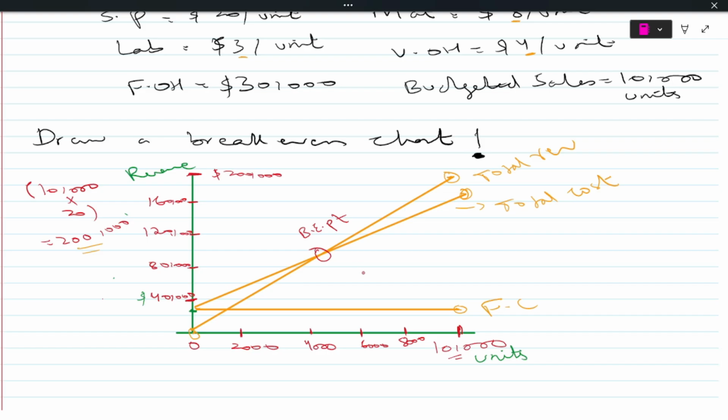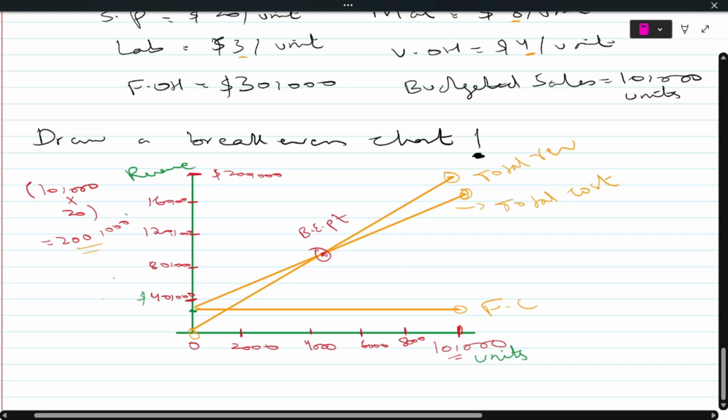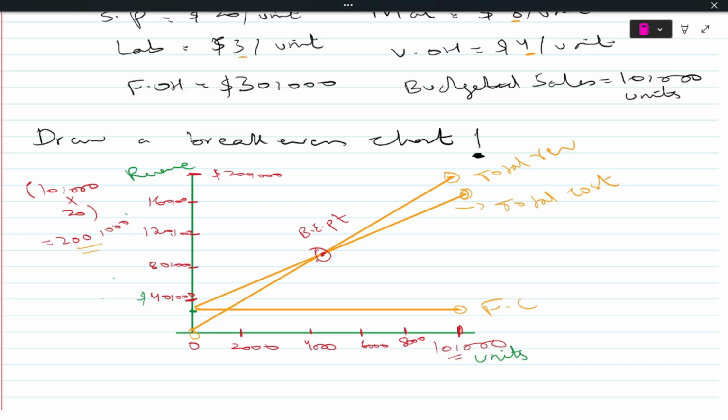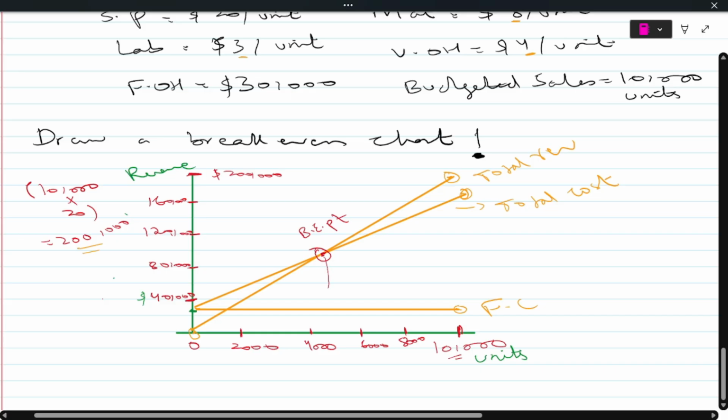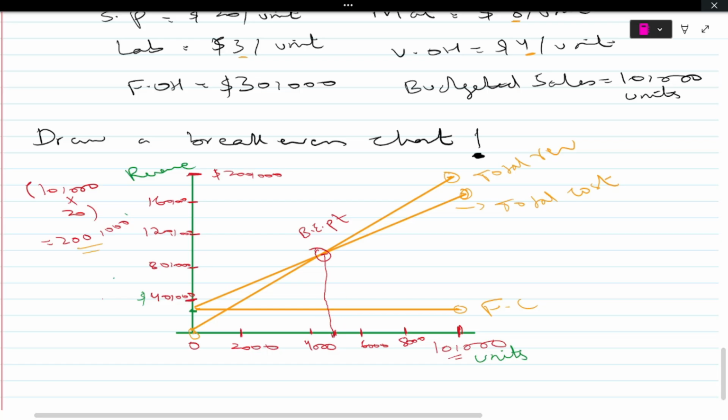Okay, again I'm repeating that the point where your total revenue and total cost intersects, that is your break-even point. So if I extend it downwards like this, it's going to come somewhere over here at 5,000 units, right? So you can just tell them that the break-even point is 5,000 units. Okay, so you see how you can use your break-even chart to tell the break-even point. Again, I'm repeating that the intersection point of total revenue line and the total cost line is your break-even point.